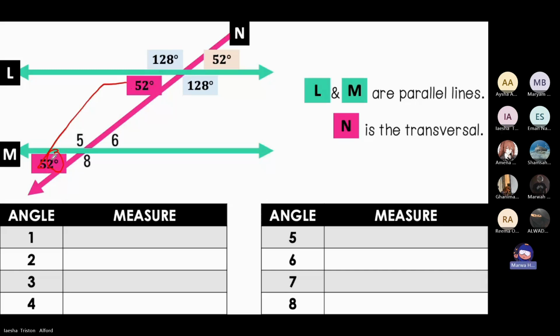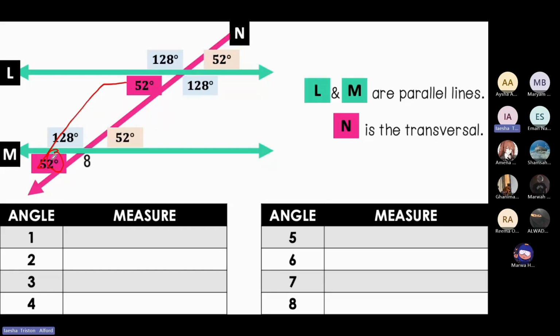Vertical, 52. Vertical opposite angles are equal, right? So 52 degrees. Angle 5, name and how? Linear pair, and 180 subtract 52 equal 128.